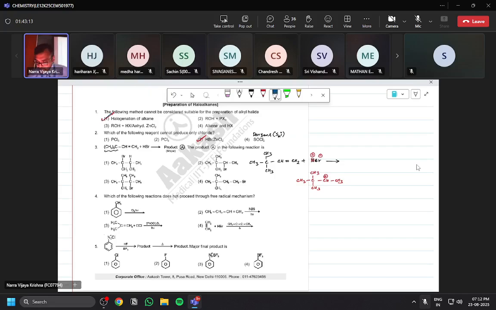Now carbocation rearrangement occurs. Methyl group will migrate from here to here. Right? So what we call it as 1,2 methyl shift. So when that methyl got shifted, what you will get? CH3, C positive charge. You will get tertiary carbocation now.